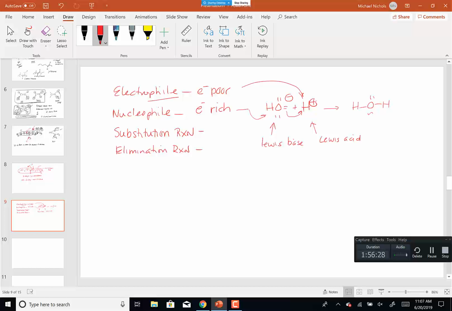So why they did this is a historical thing in organic. Why they just didn't say, you know what, let's just use the Lewis acid-base terms so that they'll be more relevant in general chemistry, and we don't have to change terminologies. They didn't do that. They came up with their own names. So we're going to talk about electrophiles and nucleophiles. Electrophiles are the positive species and nucleophiles are the negative species.